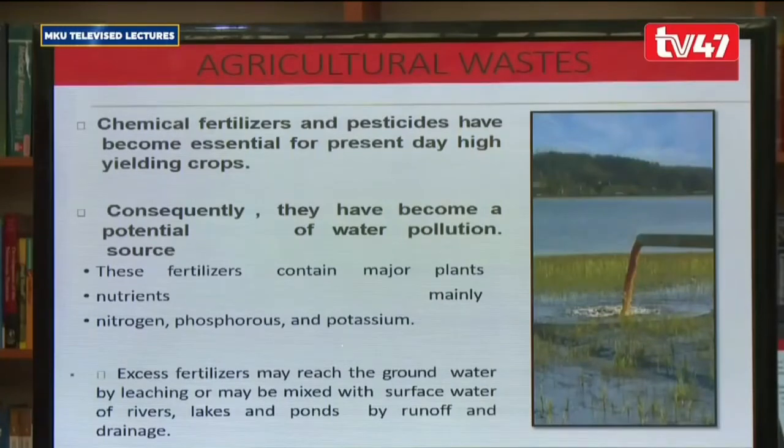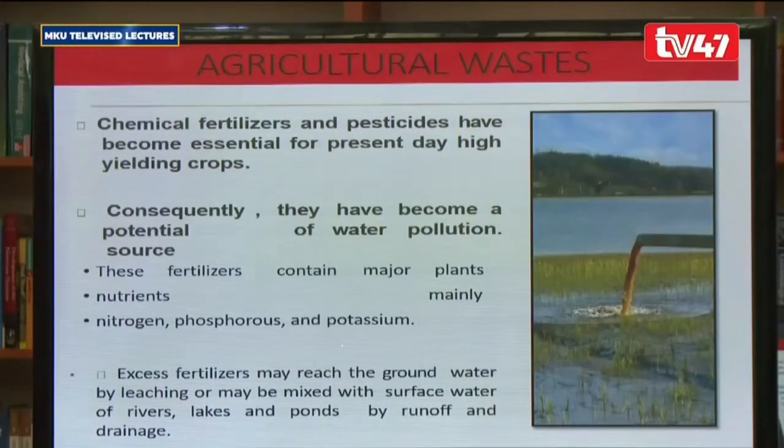Then agricultural waste. Agriculture is a human activity that is so vital to society. The use of chemicals, fertilizers, and pesticides is vital in terms of food security, because we need to sustain ourselves and they play a critical role.